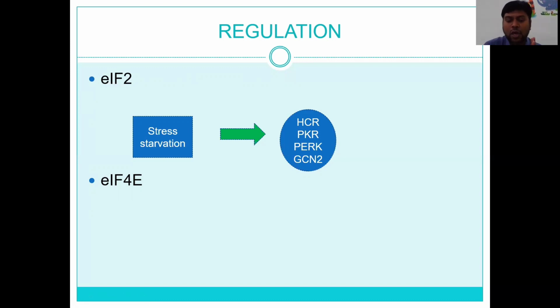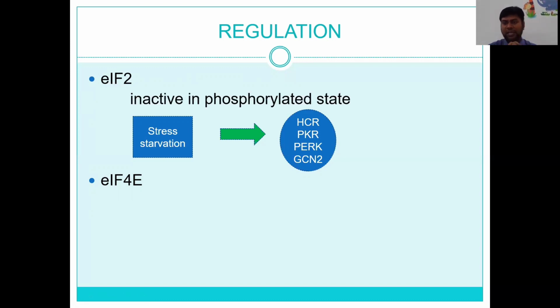Initiation factor 2 is inactive in the phosphorylated state. So once it becomes phosphorylated, the initiation will be stalled and the entire process will be inhibited. This is what happens in the energy deprived state.